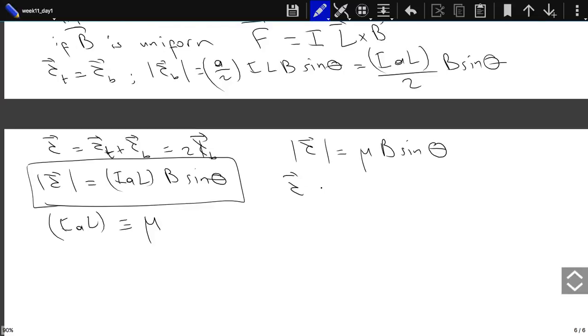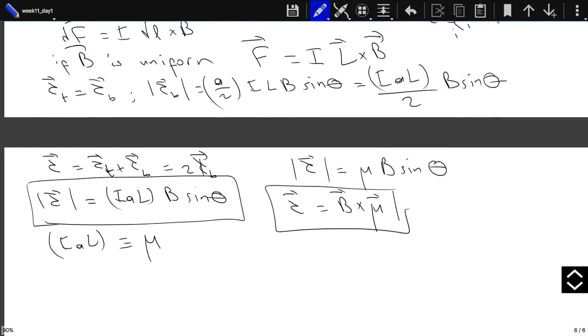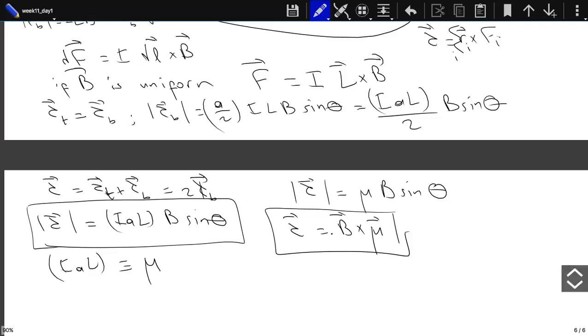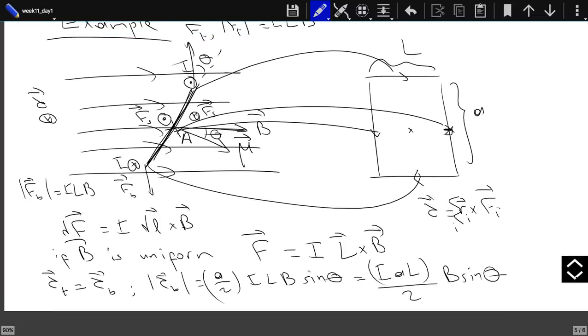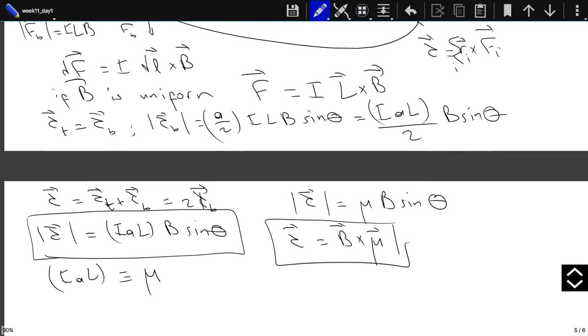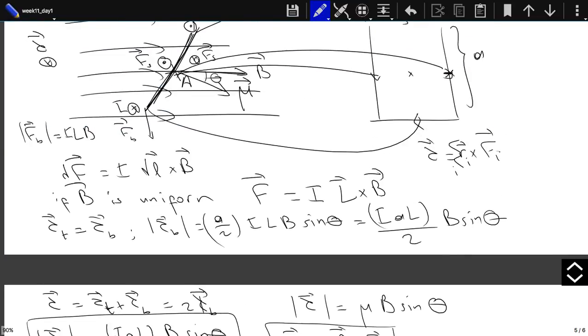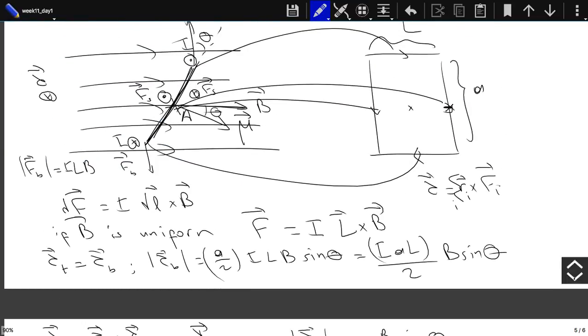So if we write torque is equal to B cross mu, and if we did everything correctly, then B cross mu has the same magnitude as the torque, and it has the same direction as the torque. Now, the direction of the torque, we had misidentified it.